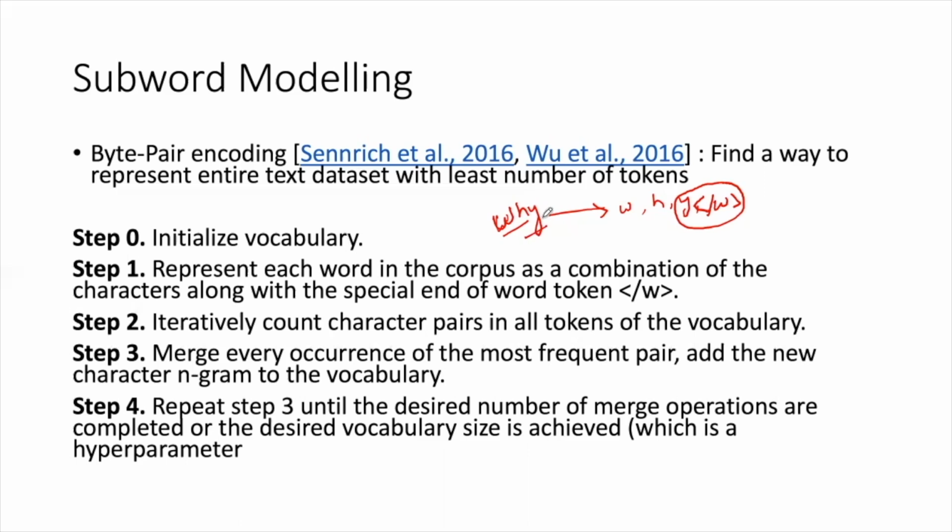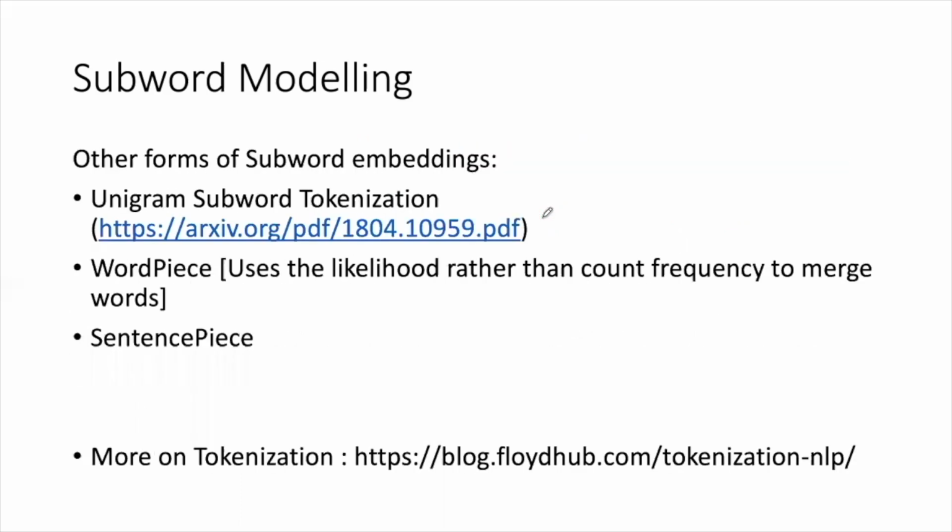We count all such two-character pairs, and once we count them, we find the most frequent pair and add that pair to the vocabulary. Then we repeat this process, finding the most frequent pair in each iteration and adding it back to the vocabulary. That's the overall idea of byte pair encoding.